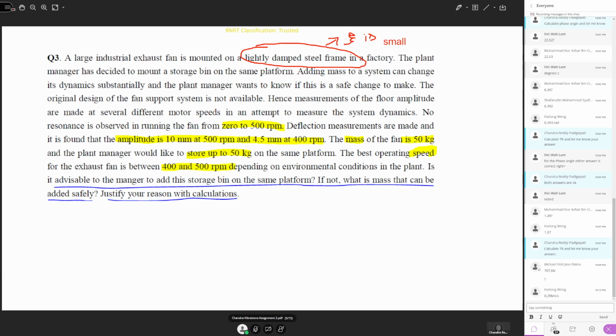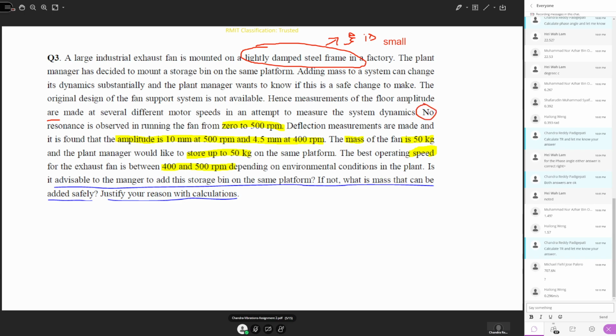So therefore, measurements of the floor amplitudes are made at several different motor speeds in an attempt to measure the system dynamics. So the response of the system was measured under variable frequencies. Okay. No resonance is observed in running the fan from 0 to 500 RPM.